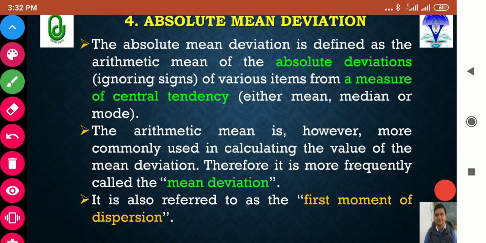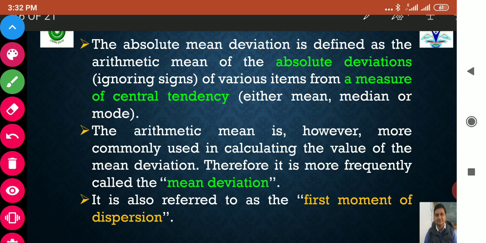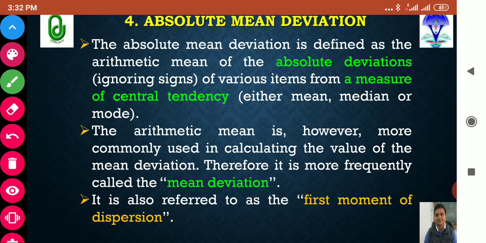From here, actually, this absolute mean deviation, or these measures of dispersion, start. So what is it? The absolute mean deviation is defined as the arithmetic mean of absolute deviations. Just listen carefully to each of the words that I am telling. It is defined as the arithmetic mean of absolute deviations, ignoring signs, of various items from a measure of central tendency.